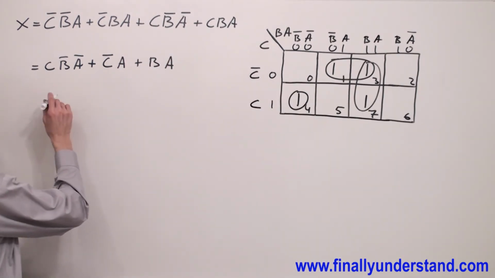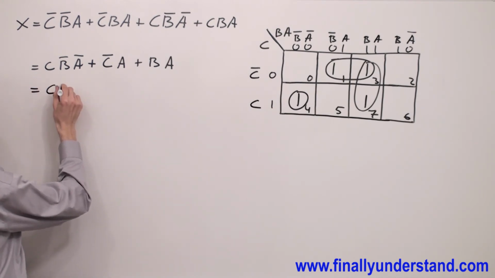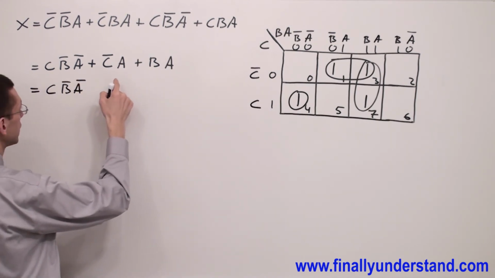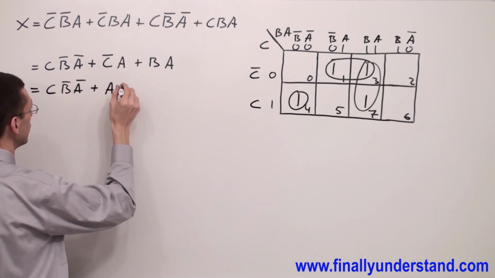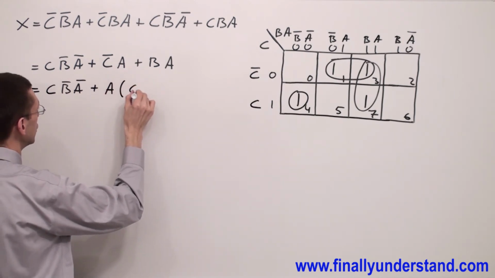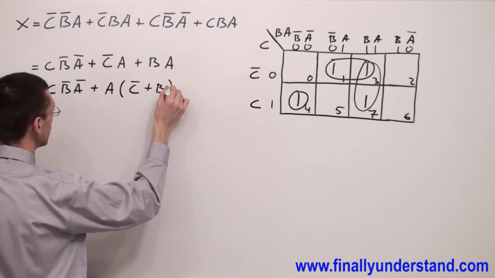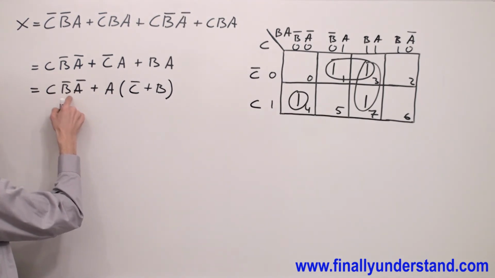Let's take a look what we can do over here. I'm going to copy down first term. I have C, B naught, A naught. I can factorize from these two terms A. And I'm going to have C naught or B. Let's take a look one more time at the very first term.